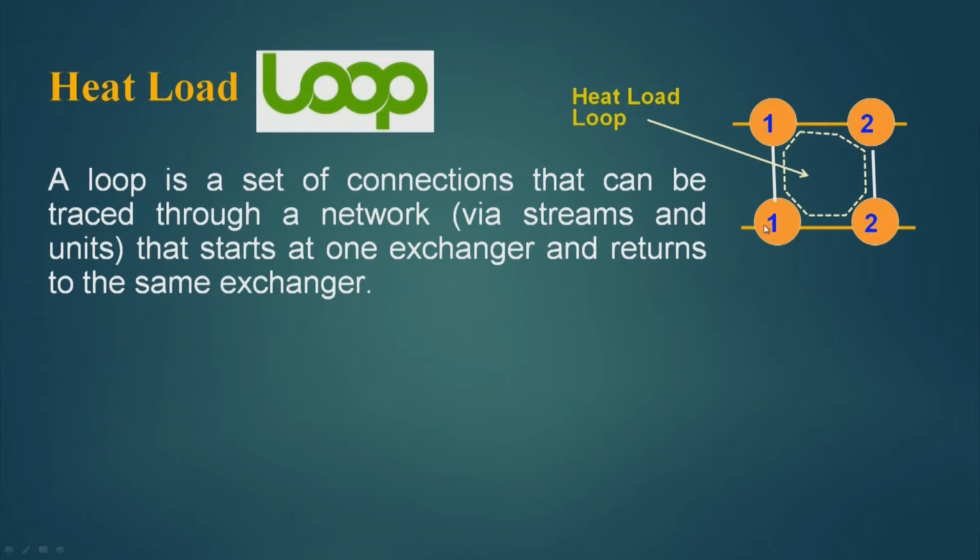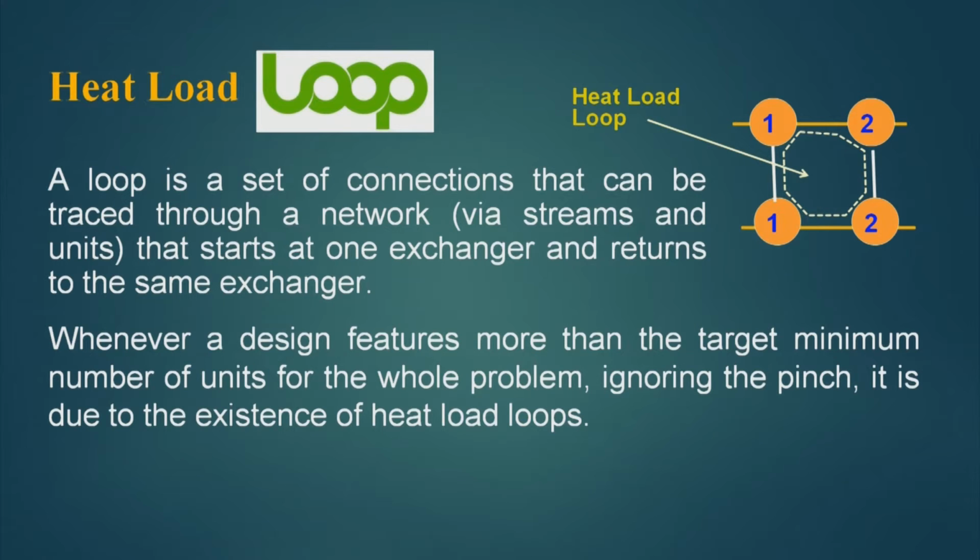Now, if I start from here, I can go to T2, then I can go via this, I can go to 1 again, and come back to the same place. So, this is a heat load loop, and we will see that such loops are present in MER design, and breaking such loops will be able to decrease the number of heat exchangers.